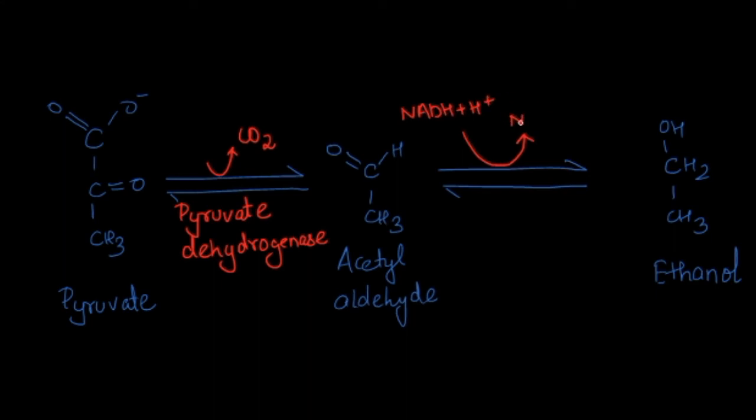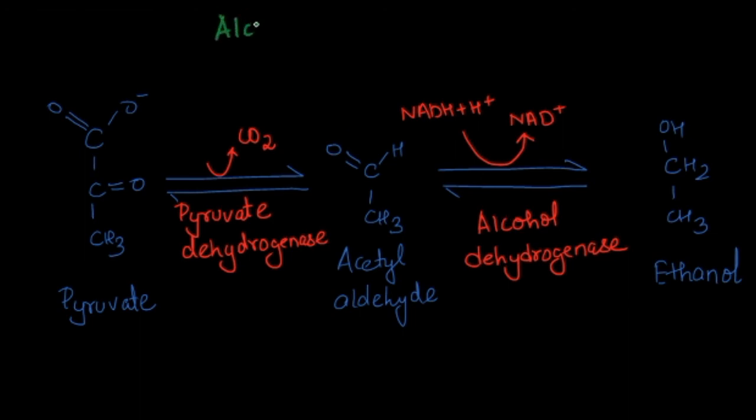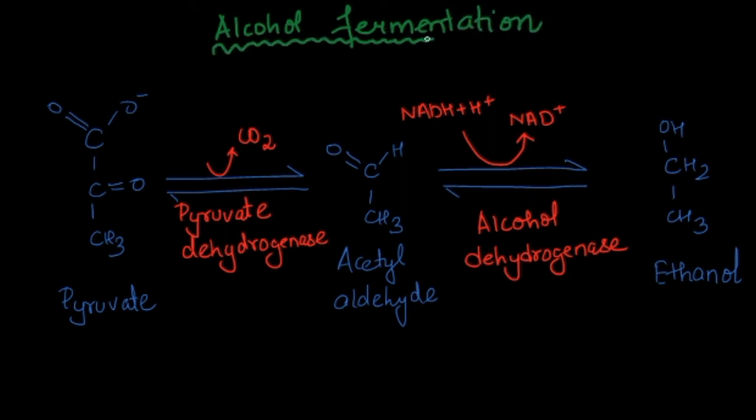So if you see in this reaction, the pyruvate first gets converted to acetaldehyde and there is a release of CO2, catalyzed by the enzyme pyruvate decarboxylase, and further it gets converted to ethanol.